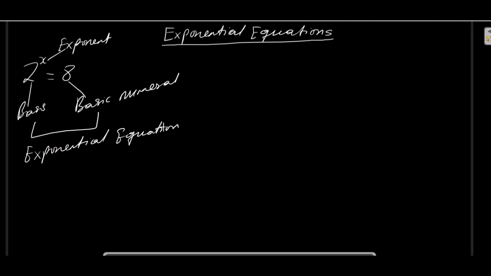So there are several methods we can use to solve exponential equations. The first one is the logarithm method, the second one is the properties of exponents method, and the third one is the graphical method. Basically, there are three forms, or types, of exponential equations. The first one is an exponential equation with the same base.